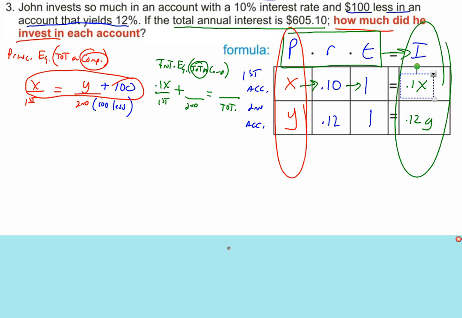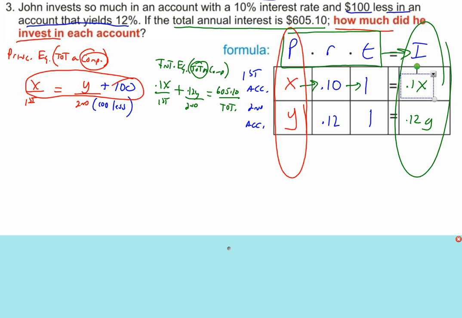All right? Leanna, what do we put in for the interest for the second account? Right, 0.12y, and the total it tells us up above, right? 605.10. Okay, there's our two equations. Hard part's done. Substitution from here on out.